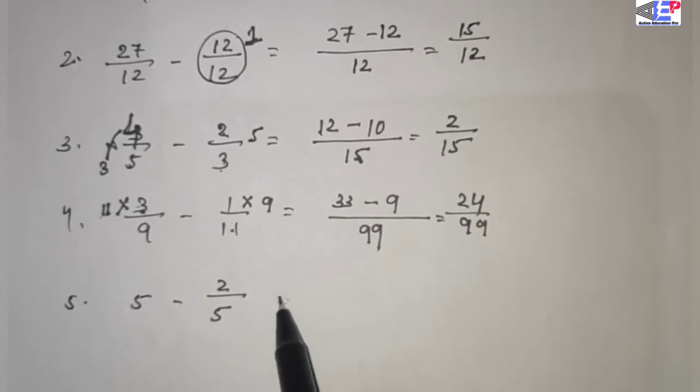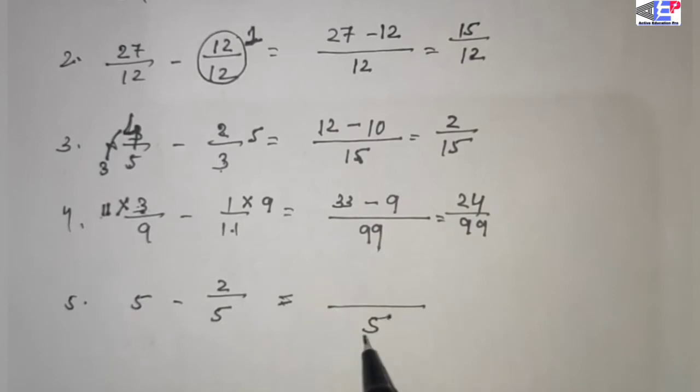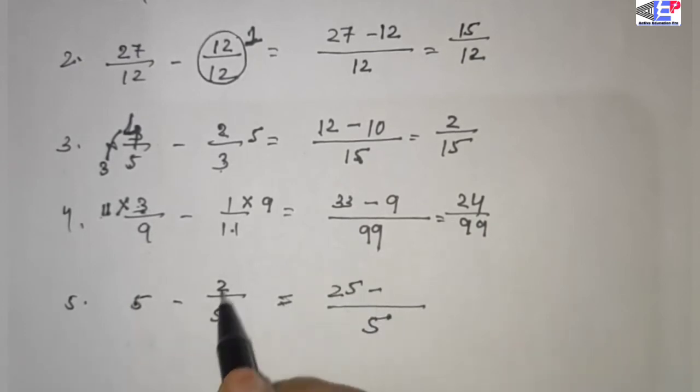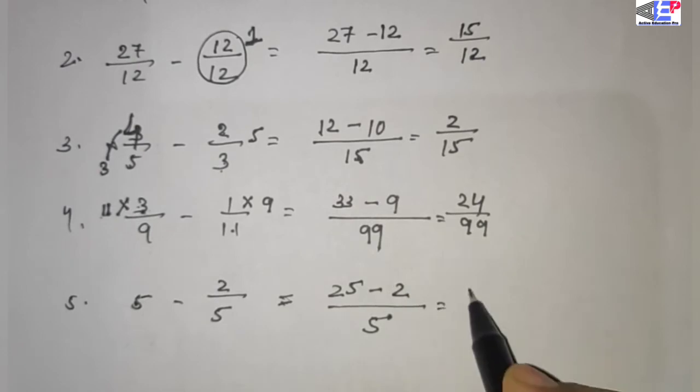In this case, you just take the denominator 5 and multiply this denominator with this whole number. 5 into 5 is 25, minus, and write the numerator. This is 23 by 5.